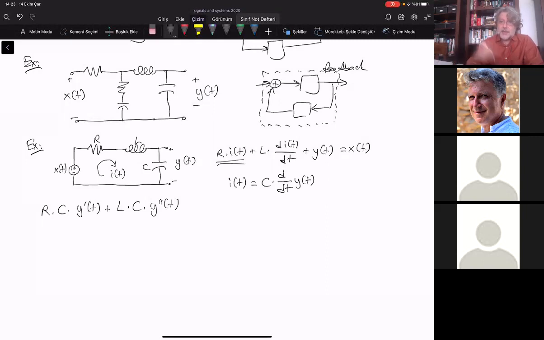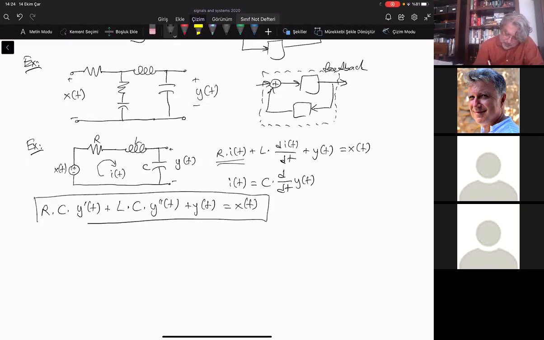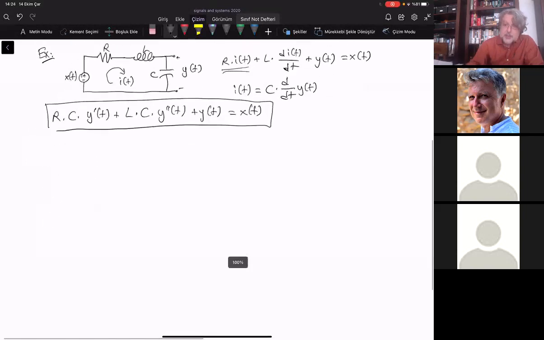The derivative of I of t is the second derivative of y of t. And y of t, I will also keep like this, is equal to x of t. This is a second order differential equation.